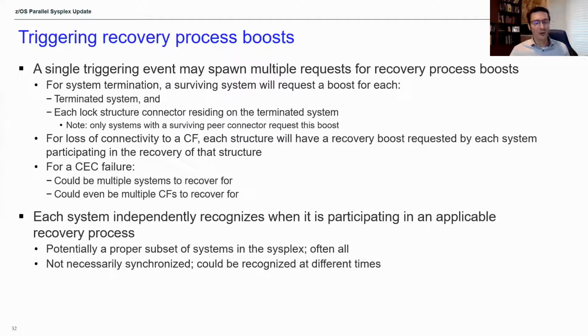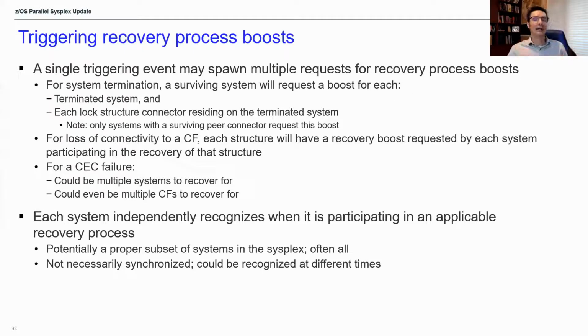And for loss of connectivity, again, each connector for that particular structure will request a recovery boost, etc. So again, each system independently is going to understand when it is participating in an applicable recovery process boost.